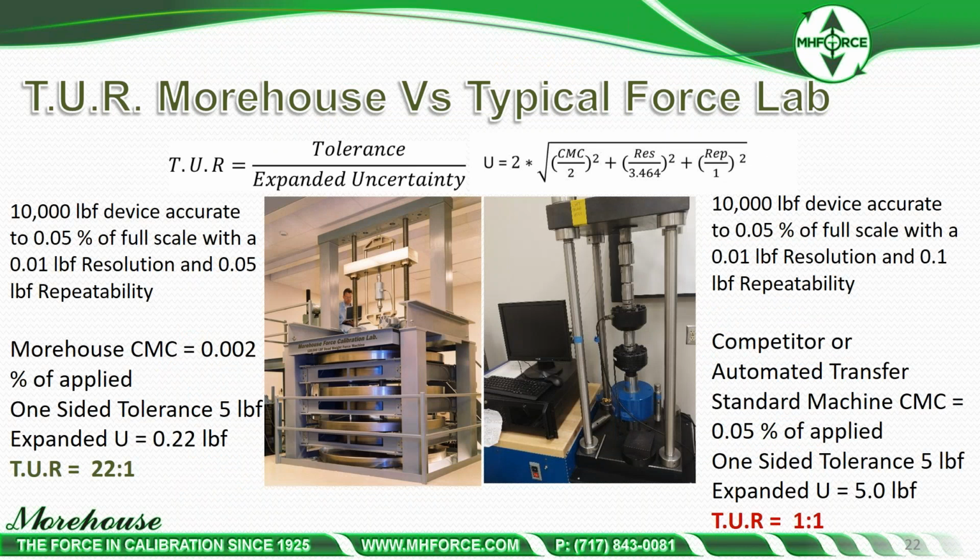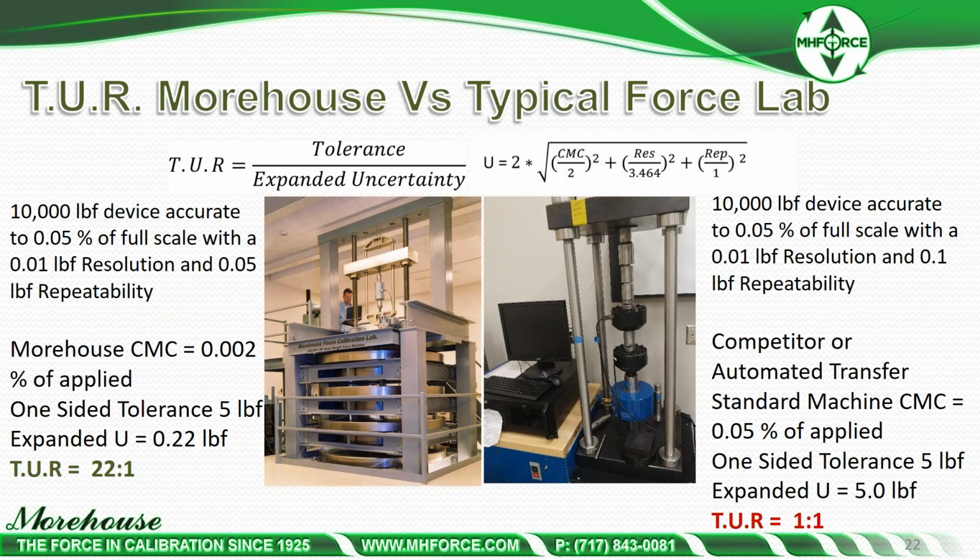If we look at this formula, we take our TUR for a typical force lab, our deadweight machine versus an automated cal machine on the right. Both instruments, we have a 10,000 pound device accurate to 0.05% of full scale, resolution of 0.01 pounds, and 0.05 pounds of repeatability.